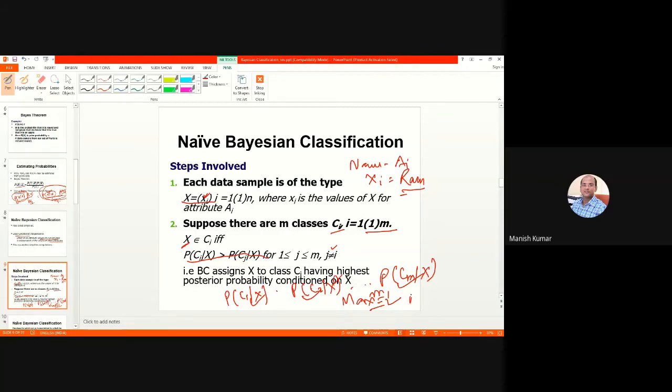Suppose your maximum is P(Cr|x), that means the sample x belongs to class r. That is what we look for.